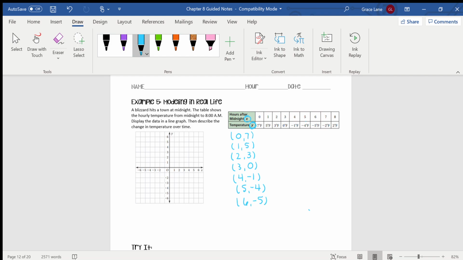And then when you're finished finding your ordered pairs, you're going to put them on the graph.